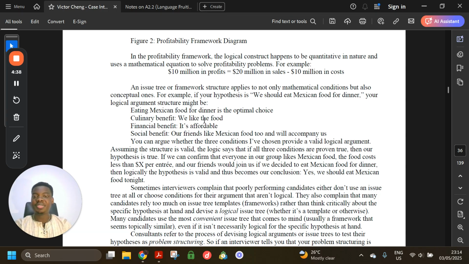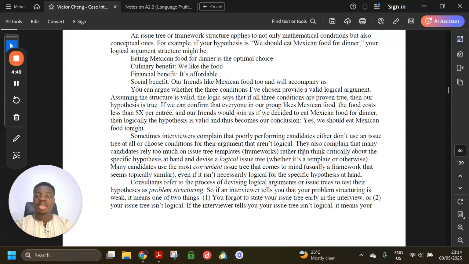The culinary benefit is that you like the food. The financial benefit is that it's affordable. The social benefit is that your friends like Mexican food as well and will accompany you. For each of these subconditions, you have to prove that each of them is true for the hypothesis to be true.